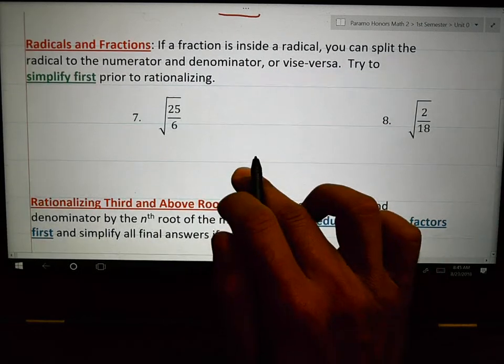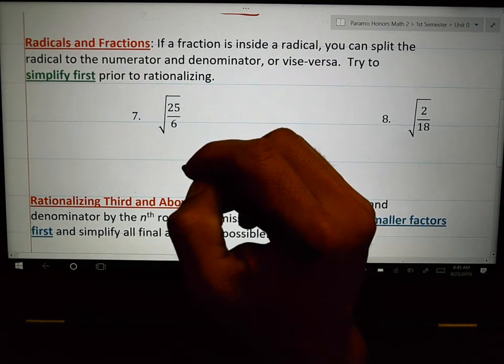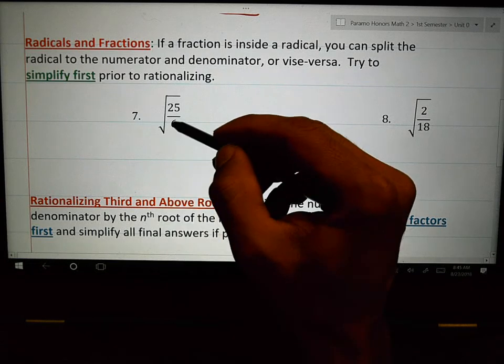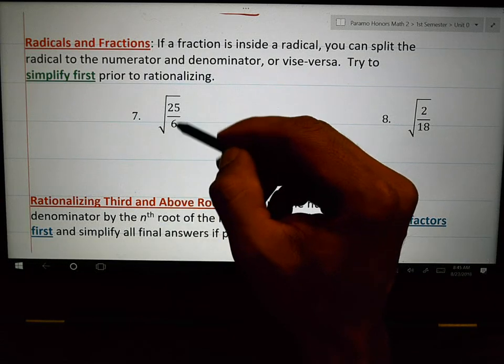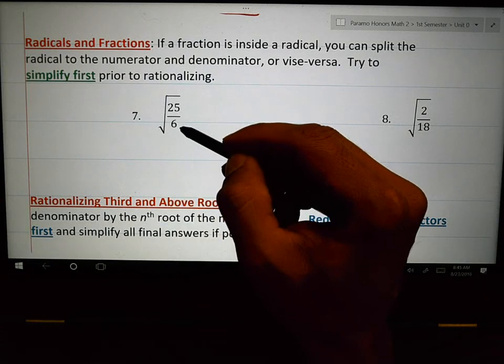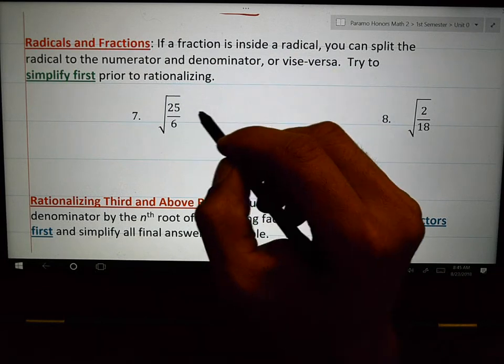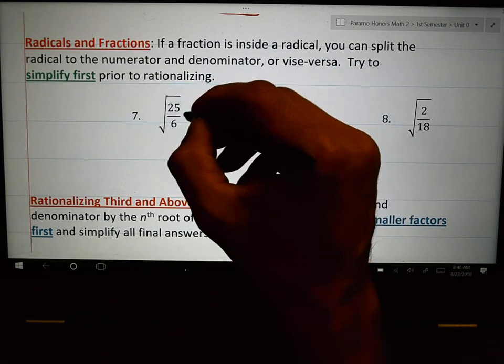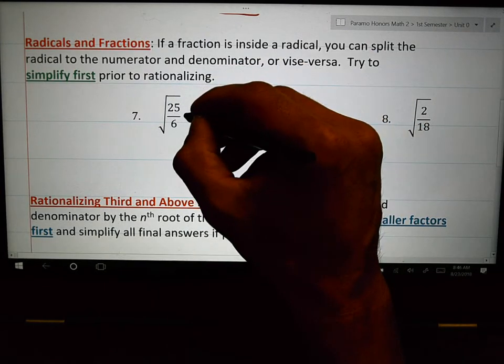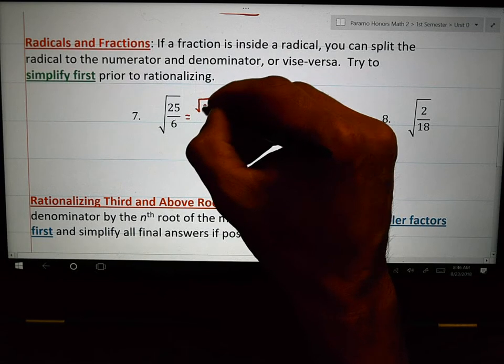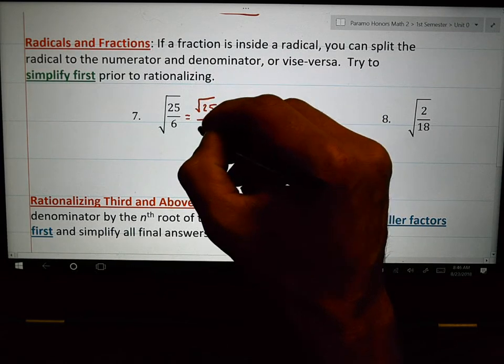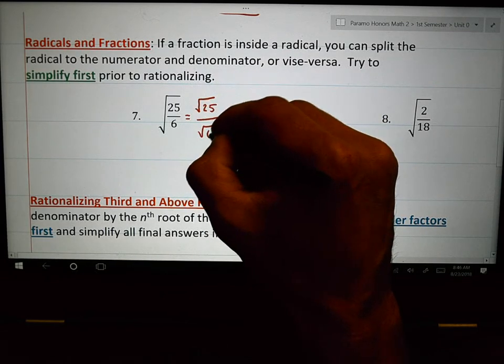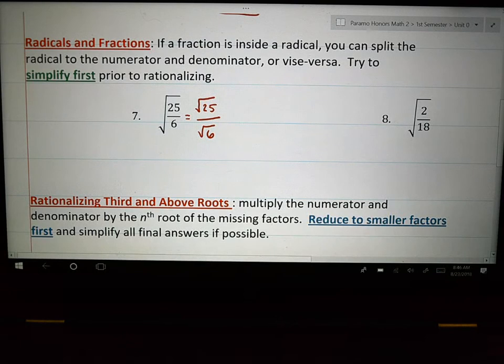Number 7. When I look at this, does 6 go into 25? Nice and even? No. Okay, so before I decided to rationalize, I would split this into root 25 over root 6, because that's what that means.